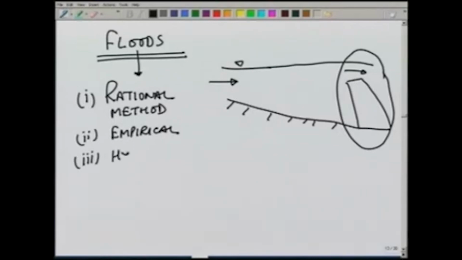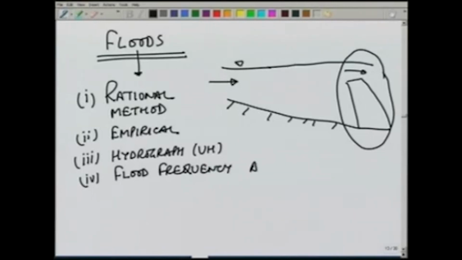So, we can use the hydrograph, rather the unit hydrograph method to estimate the maximum flood, or sometimes we use what is known as a flood frequency analysis. So, these methods are typically used to estimate what is the maximum flood likely to occur in the river at a particular point.